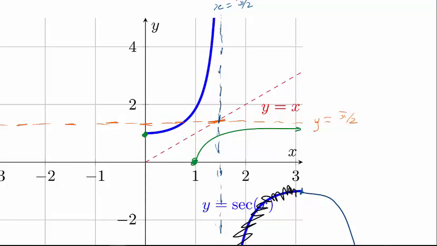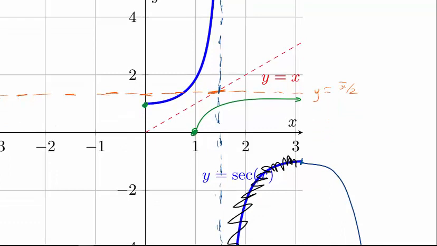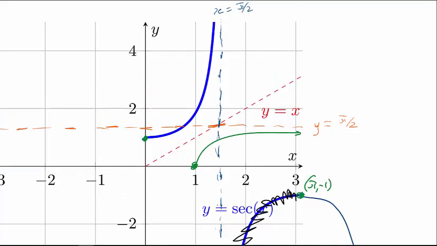And then the next part of the function, we're right here. And again, note that this is at pi and -1, so the other point will have to be -1 and pi, which will be about right there.